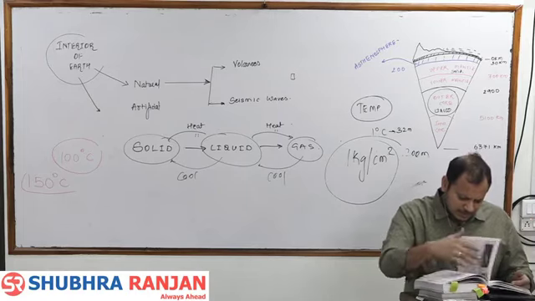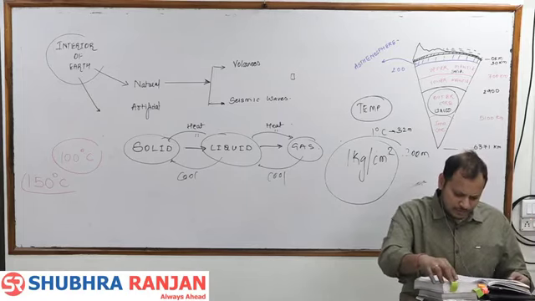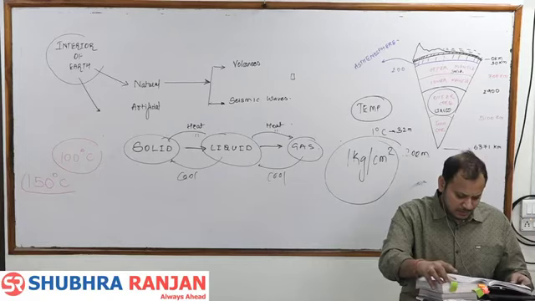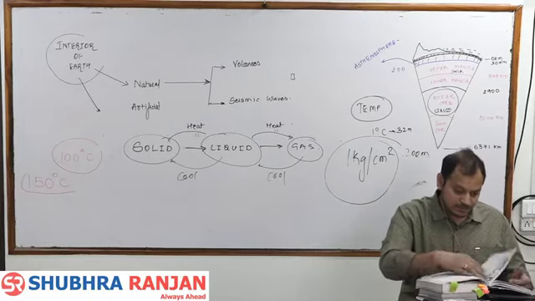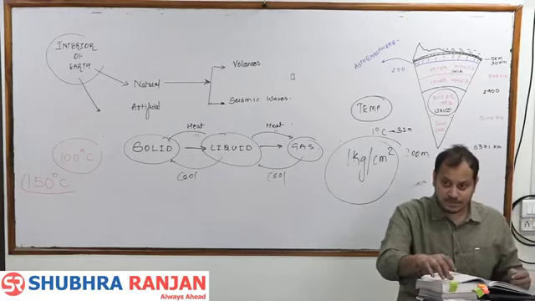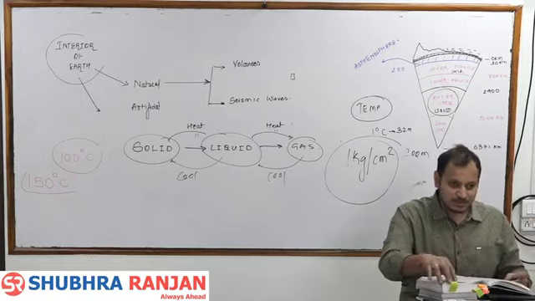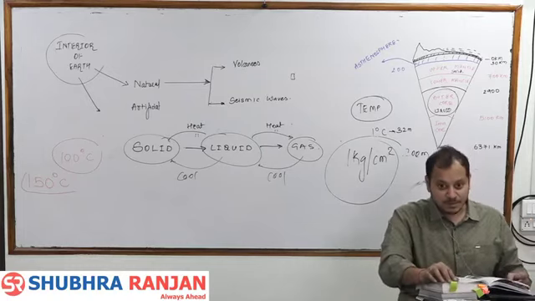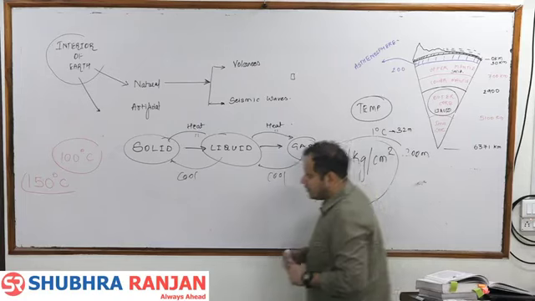See, clear the concepts even if you are not doing GS, because we will need all this, or you will require this even in GS. Atmosphere is less dense, atmosphere is more rare. You see the past year questions, they have given you this option.